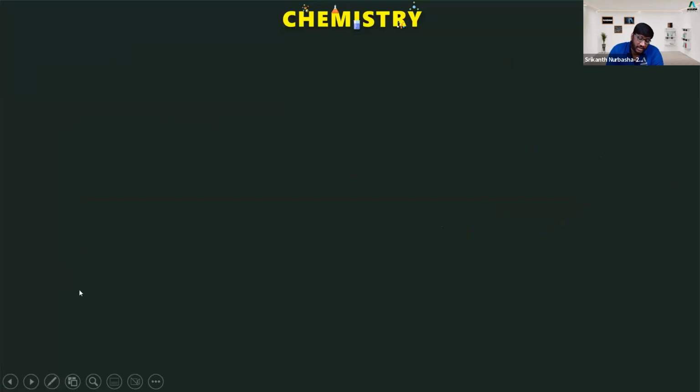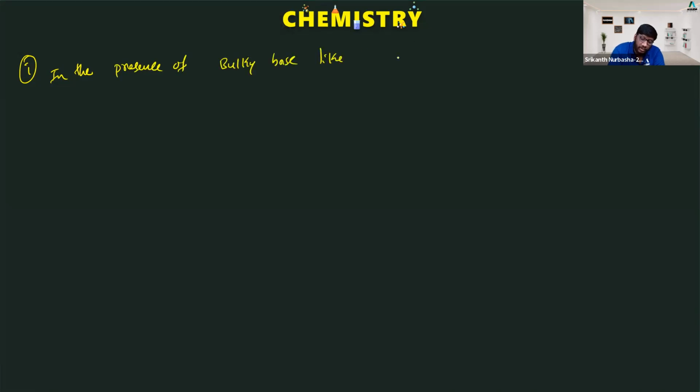So bulky base is the simplest case, okay? In the presence of bulky base, like tertiary butoxide, (CH3)3CO minus.